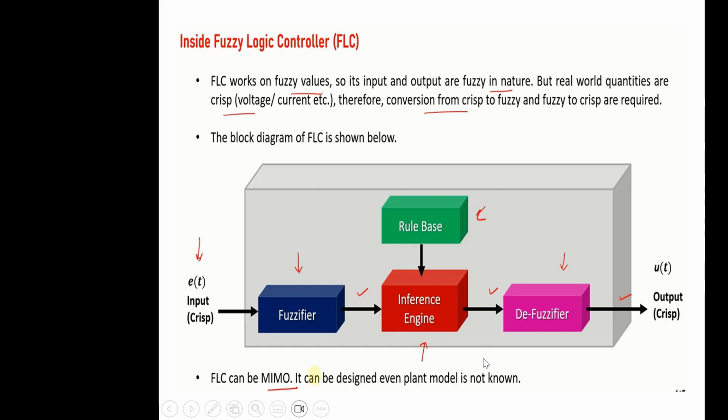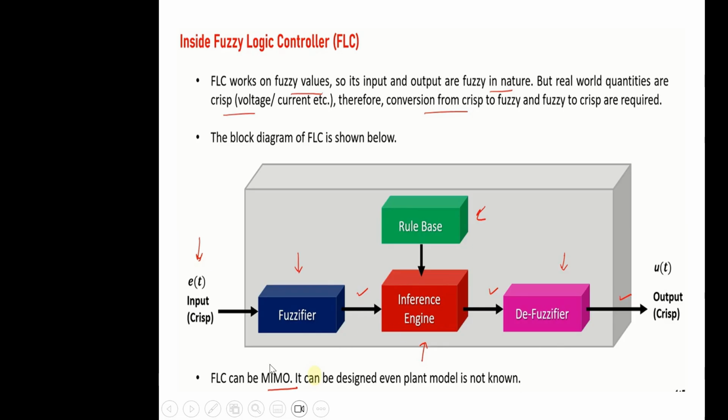But before I go to the problem, there is need to tell us that instead of having SISO, a Fuzzy Logic Controller may be MIMO, may be MISO, and may be SIMO. MIMO means multiple input, multiple output.